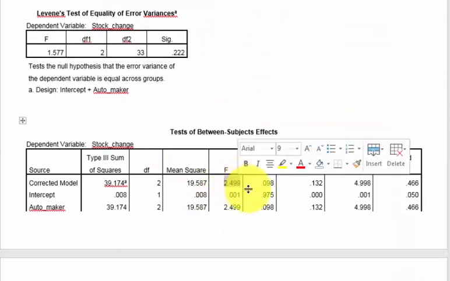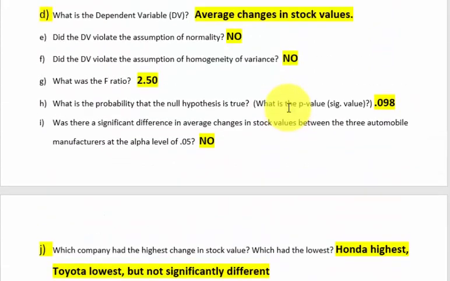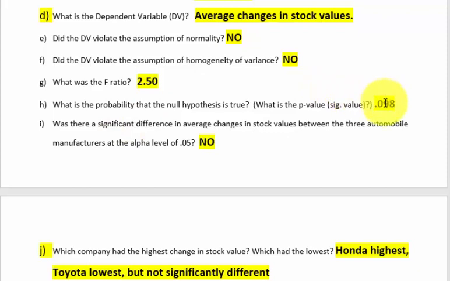Sig value, 0.098. 0.098 is not less than 0.05, therefore we cannot reject the null, which means that it was probably correct that the differences between the average stock changes between the car companies was not big enough to be called significant. That's all it means, right? So no, there was no significance.